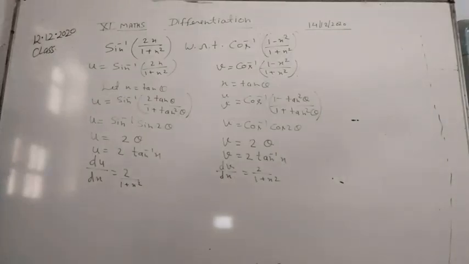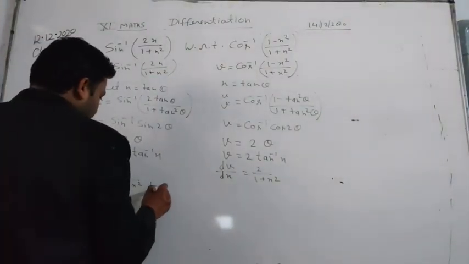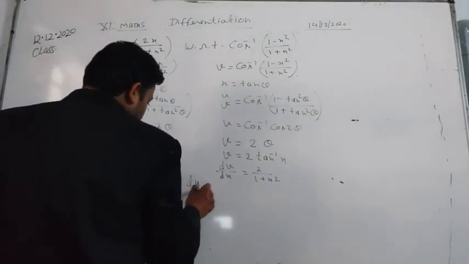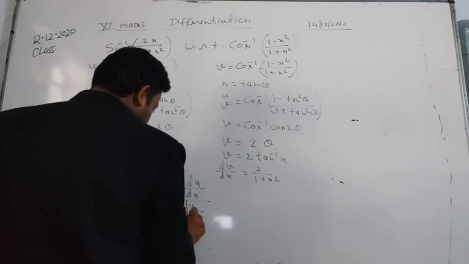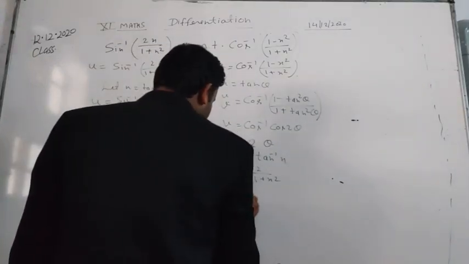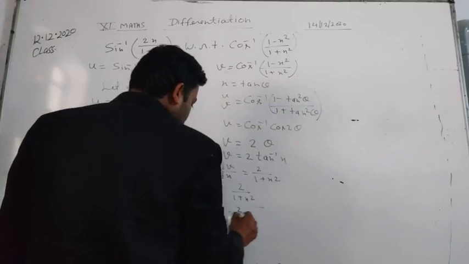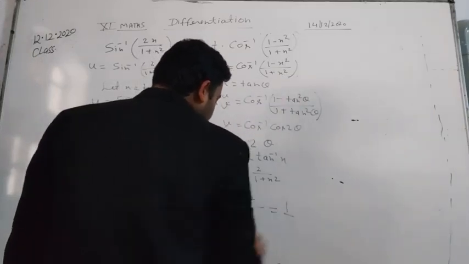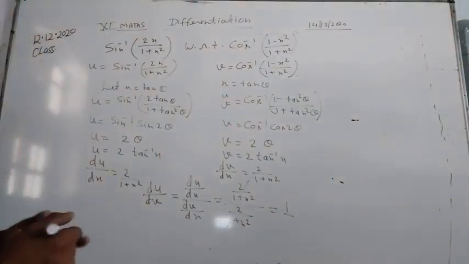Okay, student. Now we will write du by dv. It will be du by dx divided by dv by dx. This can be written as 2 by 1 plus x square divided by 2 by 1 plus x square, and this whole term will be cancelled, and we get du by dv is 1.